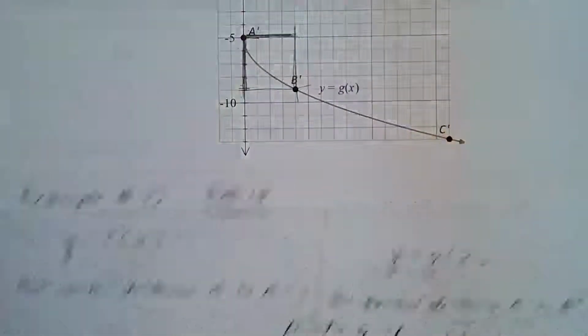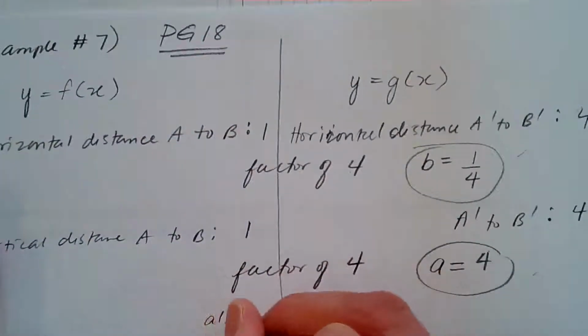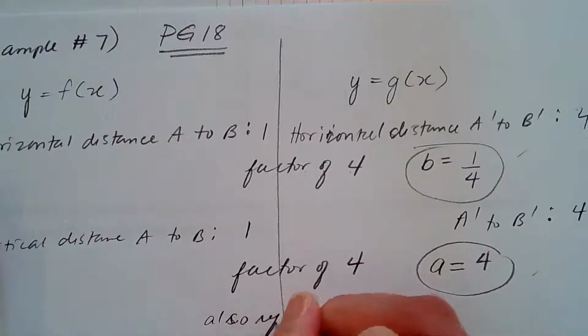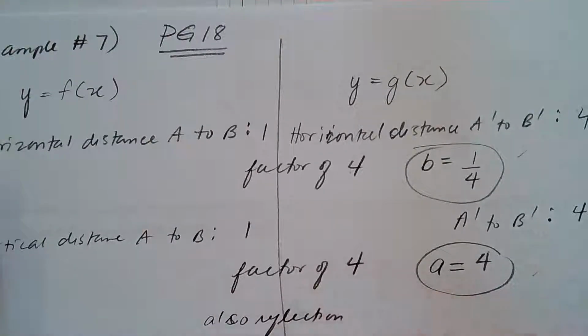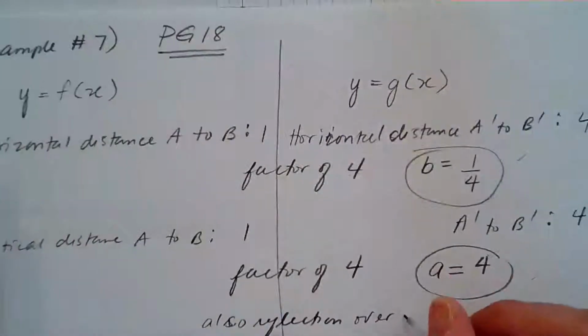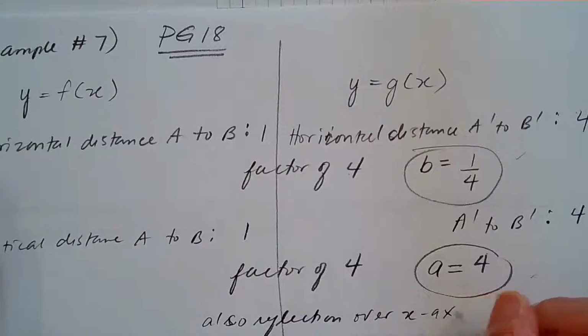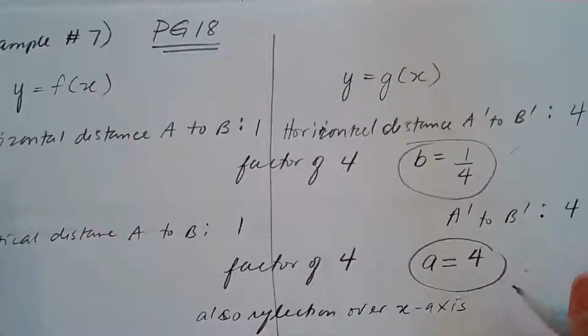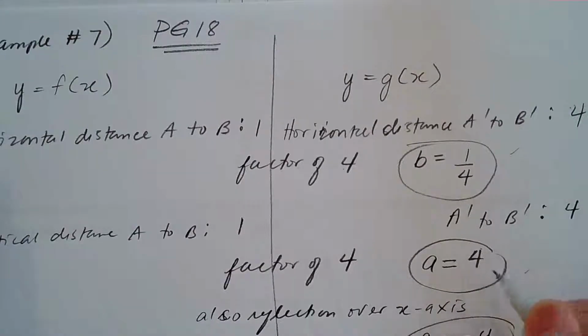And then what else? There's also a reflection. I have to say this, reflection over the x axis. So that means A should be -4. Not 4, but -4. This is the one that we're going to use.